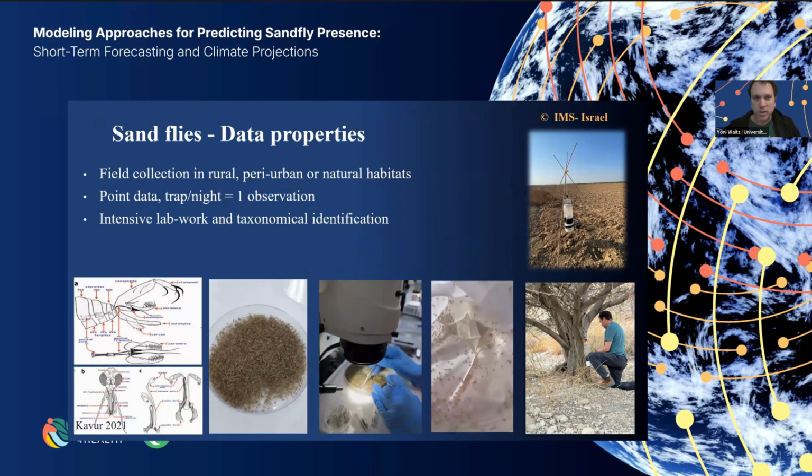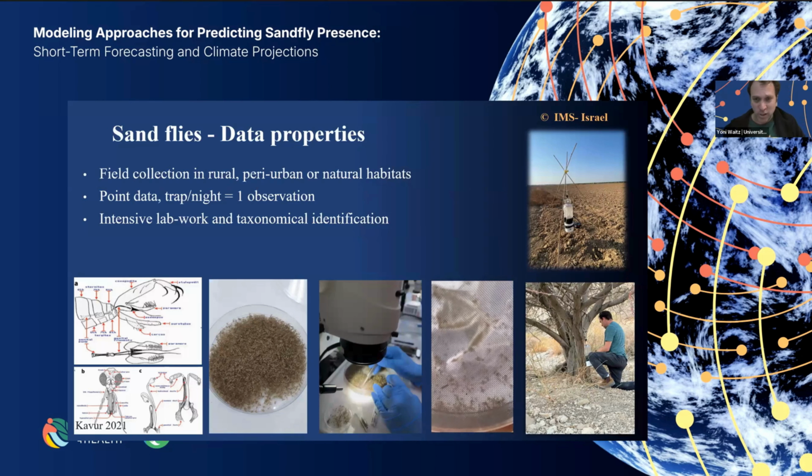In the desert, you can see that one simple CDC trap can provide thousands of individuals that need to be mounted and then checked beneath a microscope according to taxonomical identification.